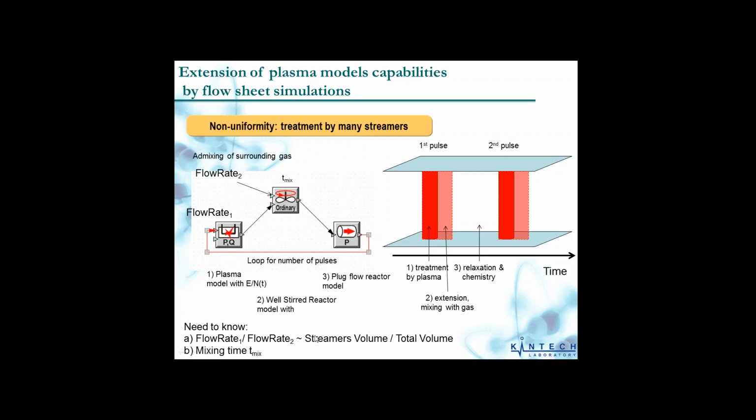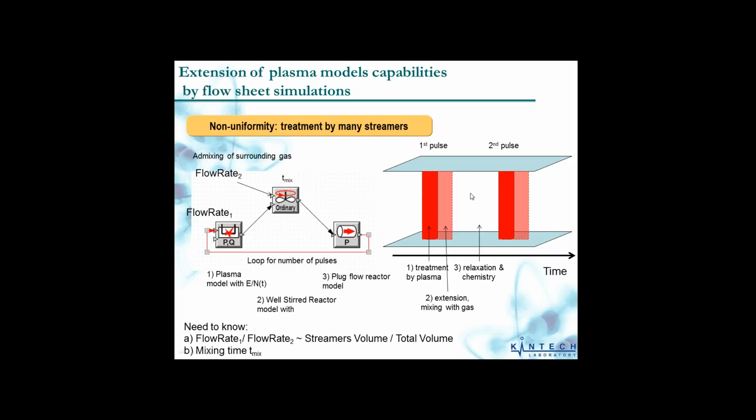How can this ratio be determined? For example, through the ratio of the total streamer volume divided by the total volume of the system, a rough estimation. Another is the mixing time.